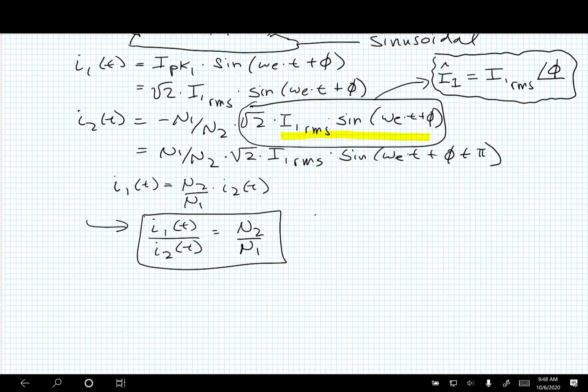I can also say that the secondary current I2 of t is equal to n1 over n2 times I1 of t.